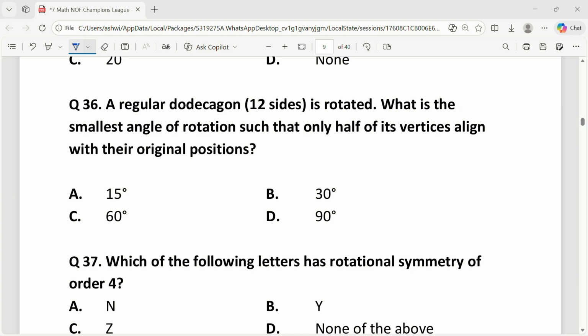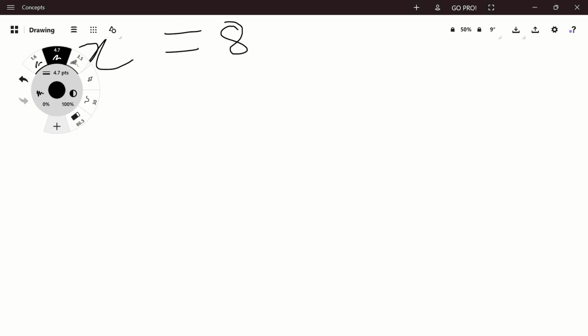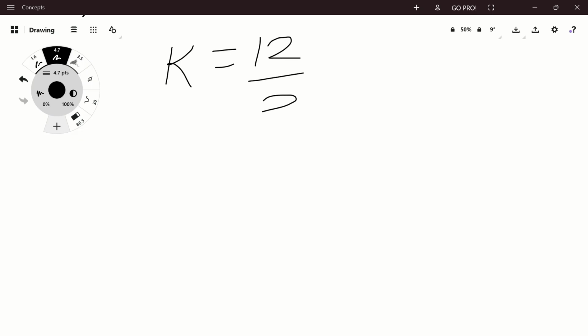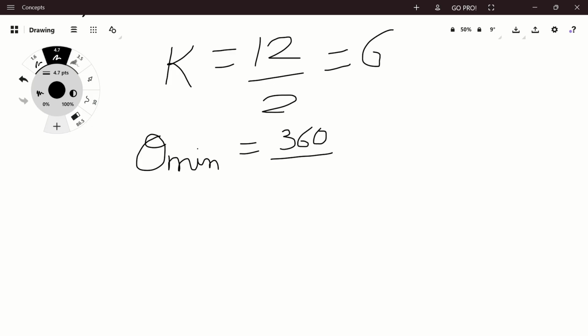So, the number of aligned vertices is k, which is equal to 12 by 2, which is equal to 6. The smallest angle of rotational symmetry for a regular n-gon is theta minimum, which is equal to 360 upon n.